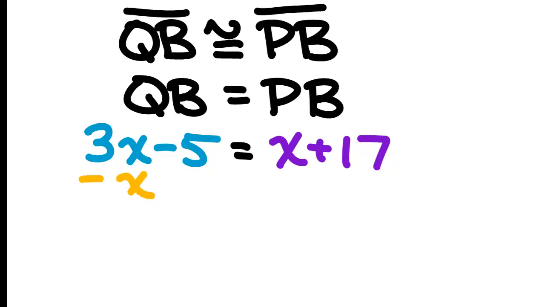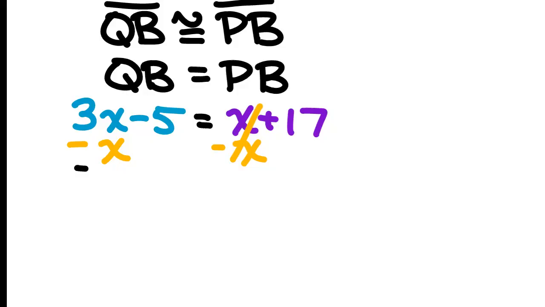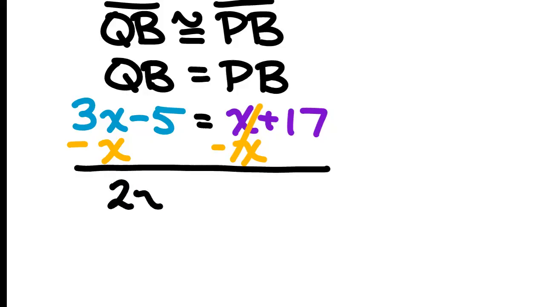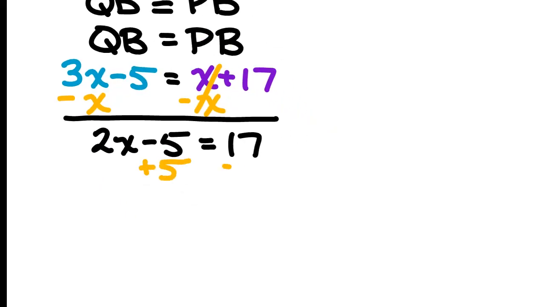So I'm going to minus x from both sides. 3x minus x gives me 2x. So I have 2x minus 5 equals 17. Then I'm going to add 5 to both sides.